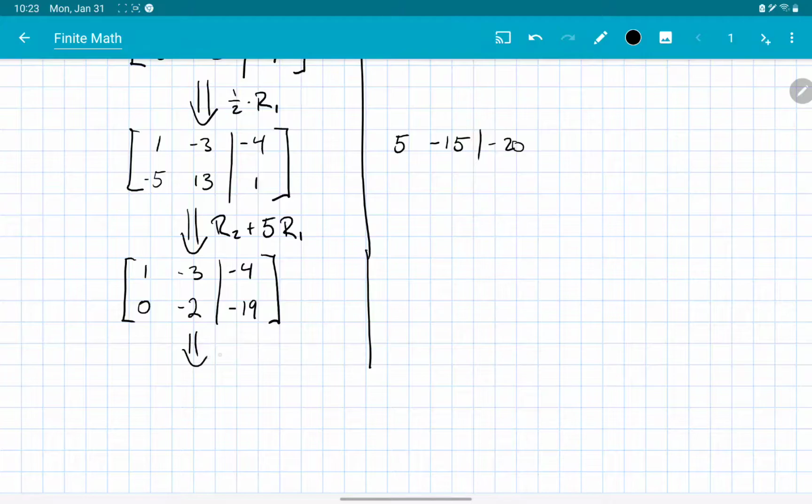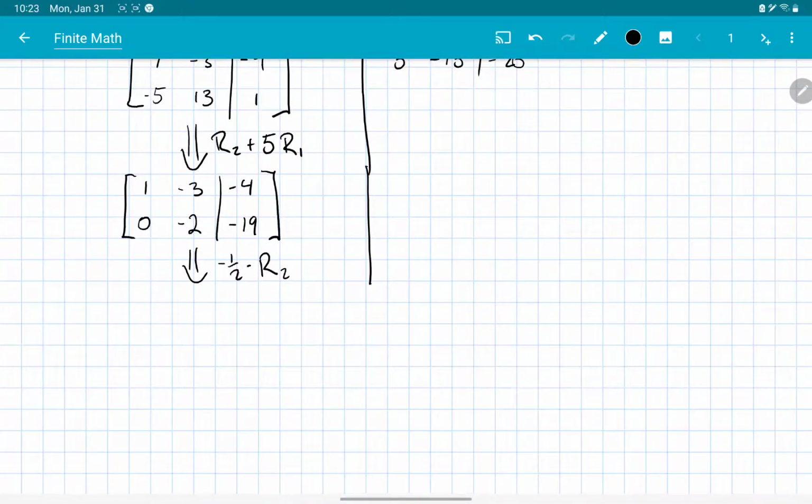Now I'm going to take negative 1/2 times row 2 in order to get a 1 there. This is 1, negative 3, negative 4. That stays the same. 0, 1, 19 halves. That's 9.5, so I'm just going to keep it as 19 halves.